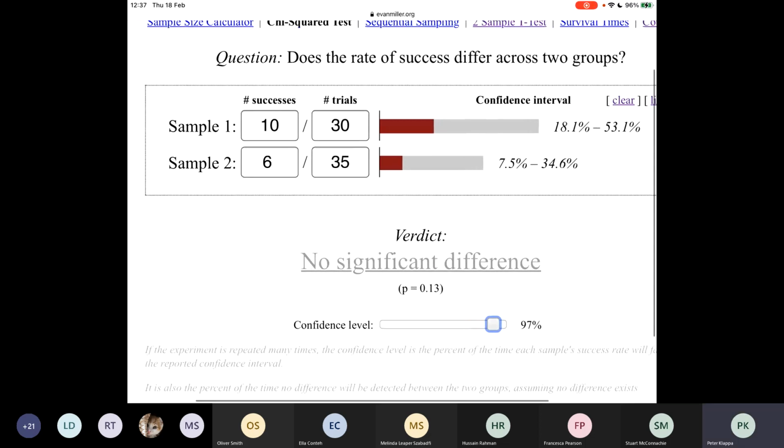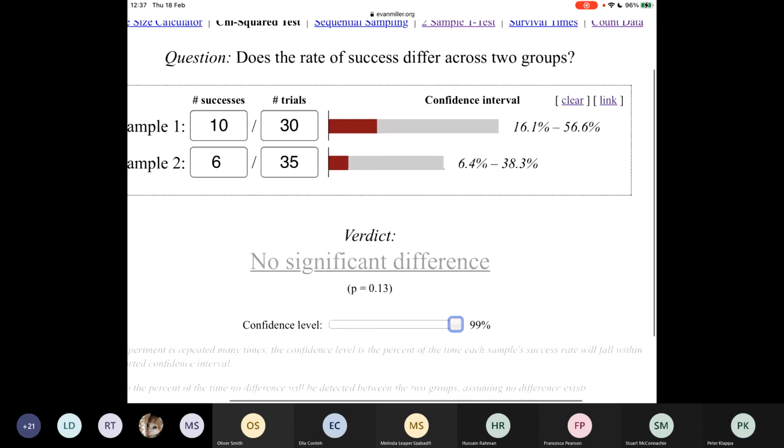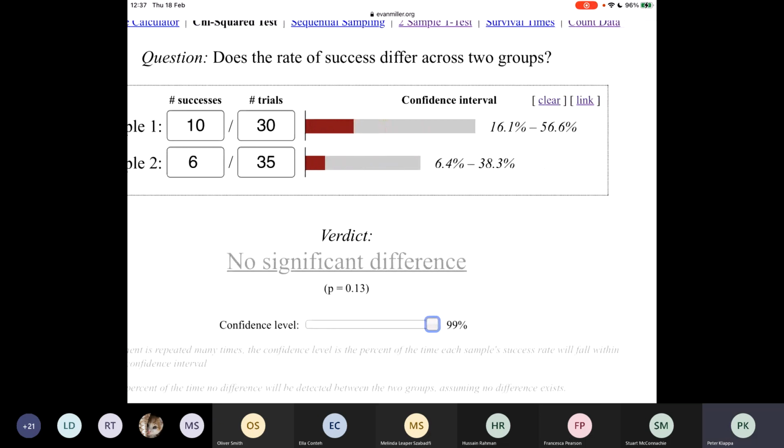And you see, we had 19.2 earlier. Now it is 16.1 and 56.6. So the interval where we think the true population proportion lies is now bigger.